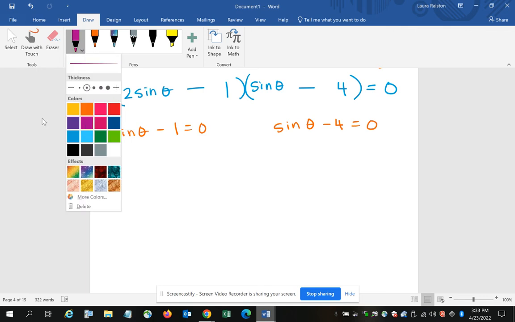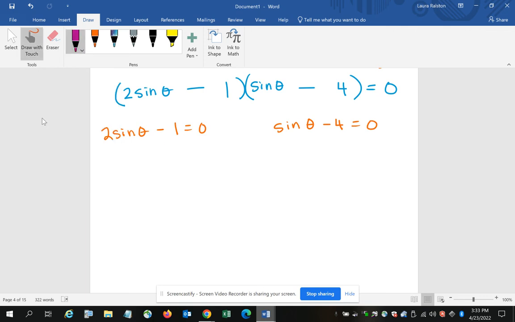So then I have to solve for sine theta, so I'm going to add 1 to either side. I have 2 sine theta equals 1. Divide both sides by 2. So sine of theta equals 1/2.